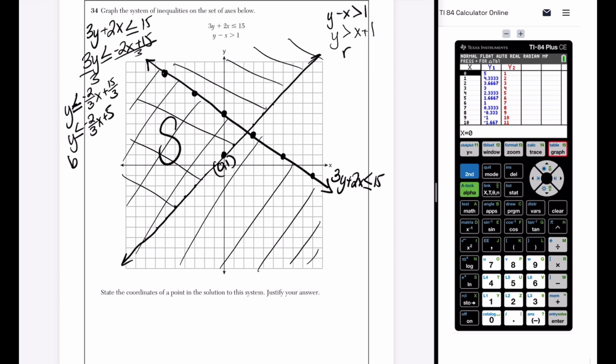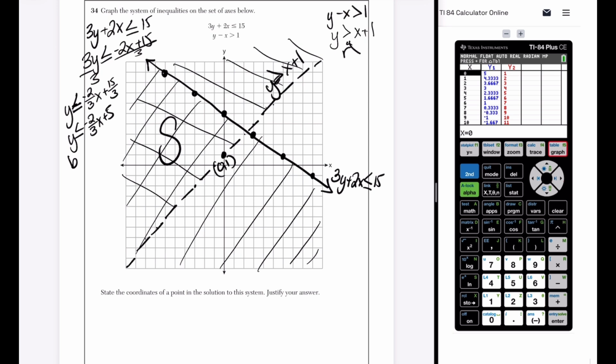Now, here's the thing I will say about this one. This one had to be a very dotted line. Because notice it's not when we looked at it here. And I'm just going to put y is greater than x plus 1 there.